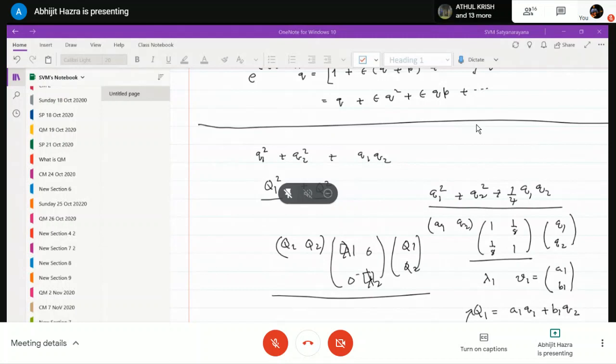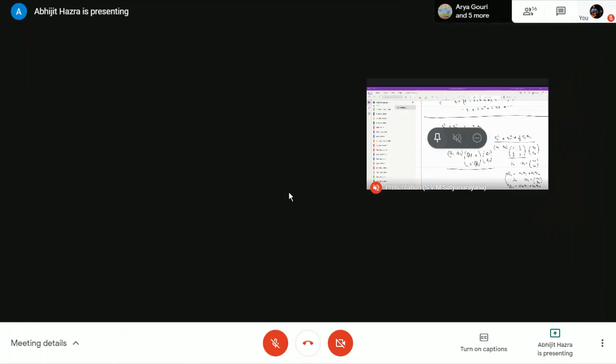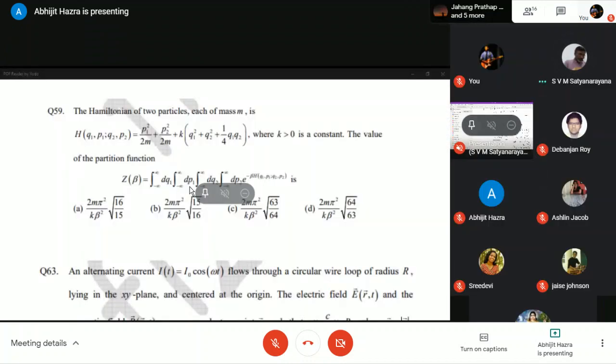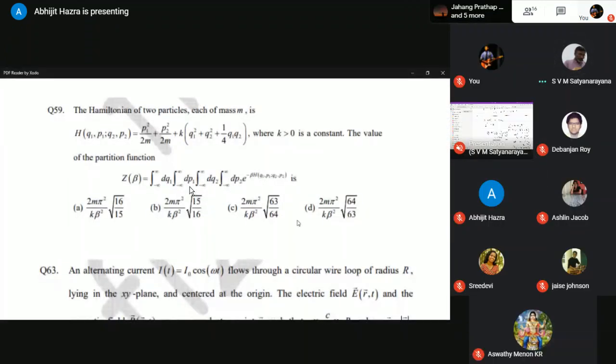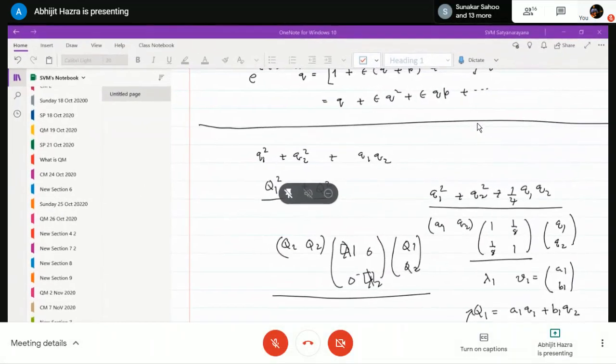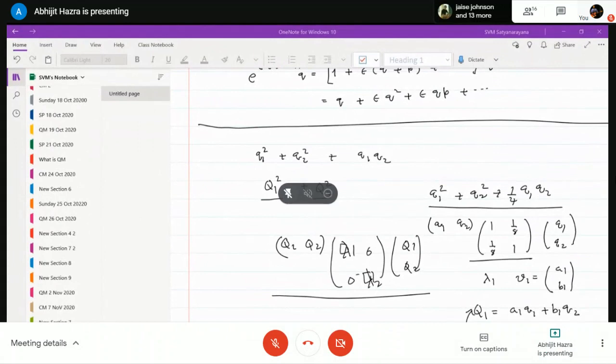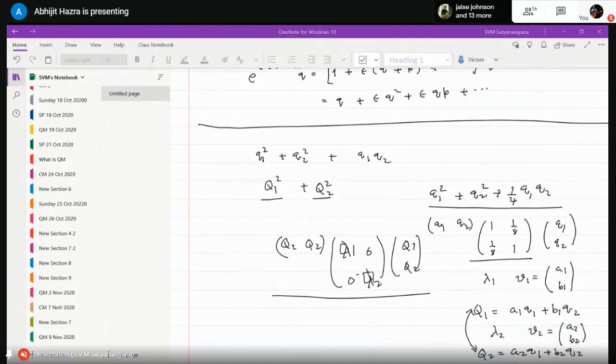I do not know how these people have given these numbers, so maybe you require the exact transformation. Otherwise, there will be twice 1 by beta, square root of twice 1 by beta for each, and a beta square term, so that in every case you have pi square by k beta square in all terms.